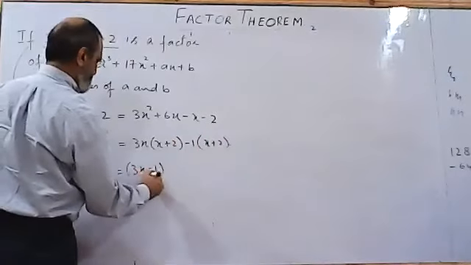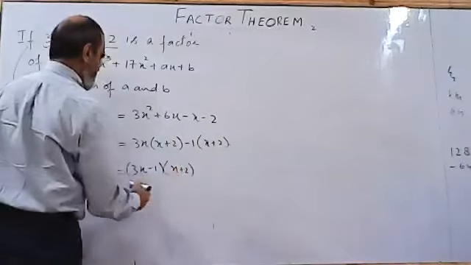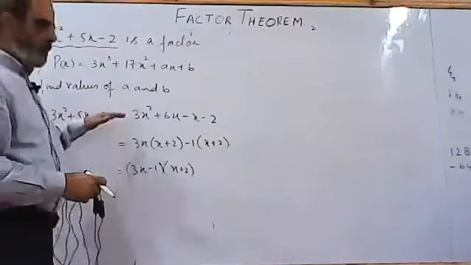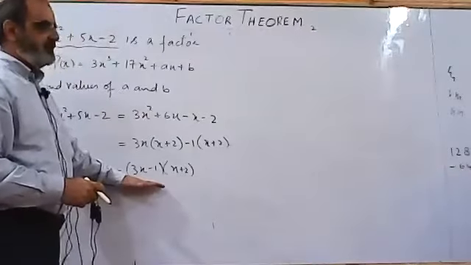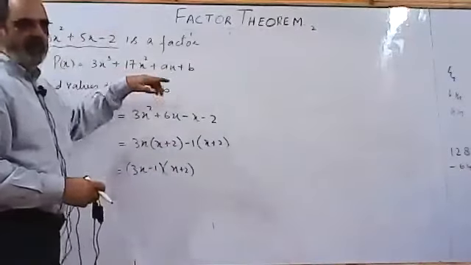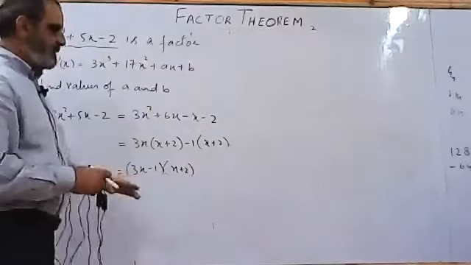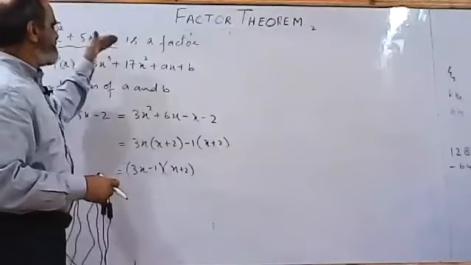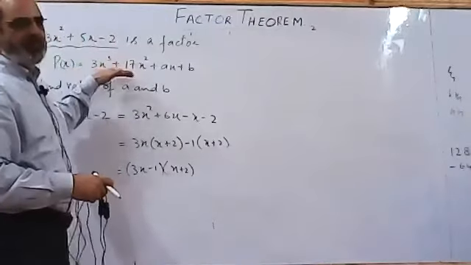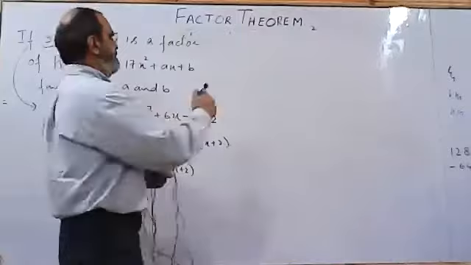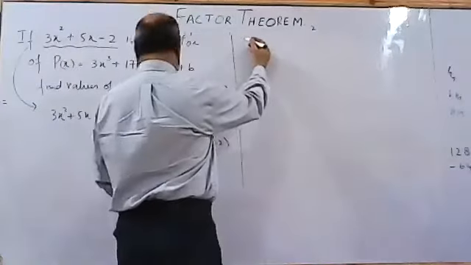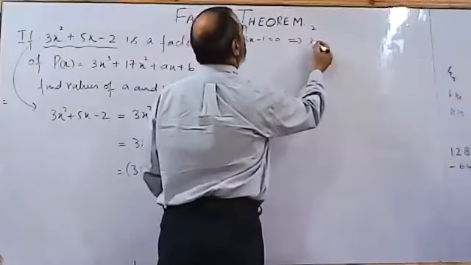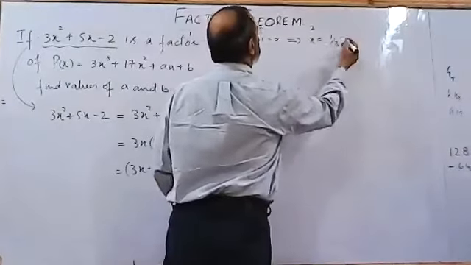Now these are the two factors of 3x squared plus 5x minus 2. Using these factors, I will find the values of a and b. Because these are the factors of 3x squared plus 5x minus 2, they must be dividing the given polynomial as well. I'm using 3x minus 1 is equal to 0. That gives x is equal to 1 by 3.